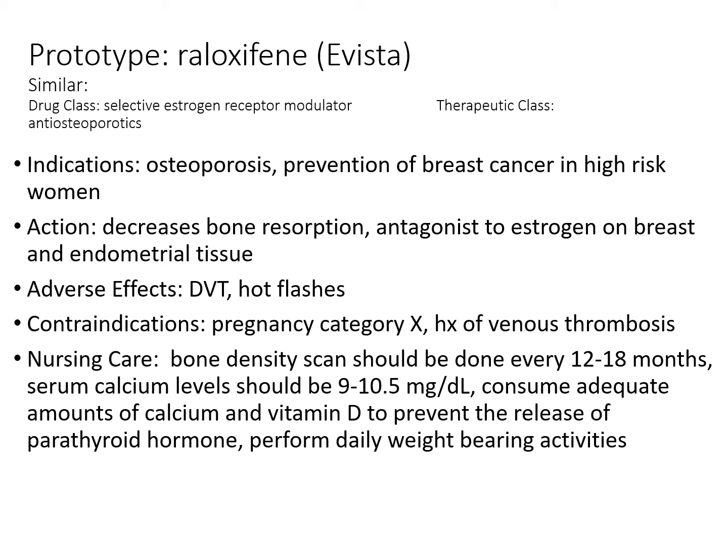You get hot flashes because this particular drug is blocking estrogen receptors in the tissues in the body, almost like it's making you menopausal. So the contraindications: definitely if we're playing with estrogen receptors and blocking them, we would never use this in pregnancy. And of course, anyone who has a history of DVTs or PEs.